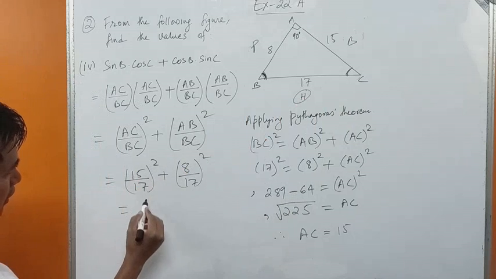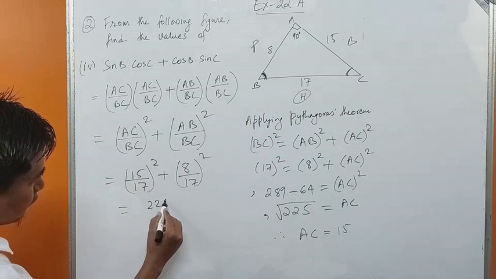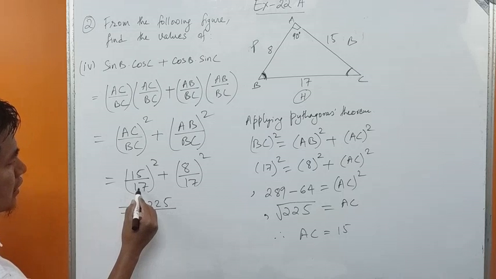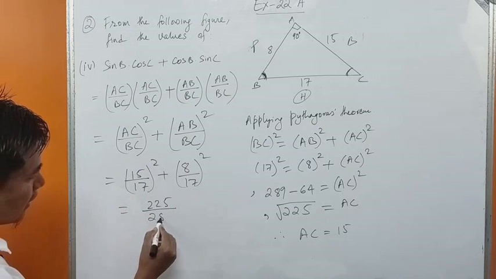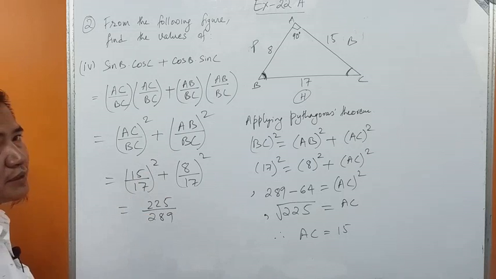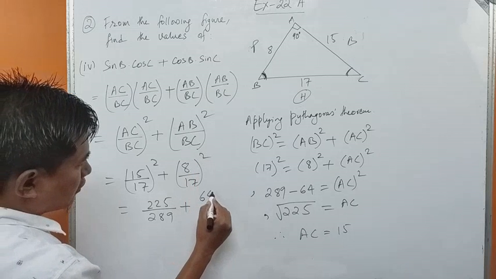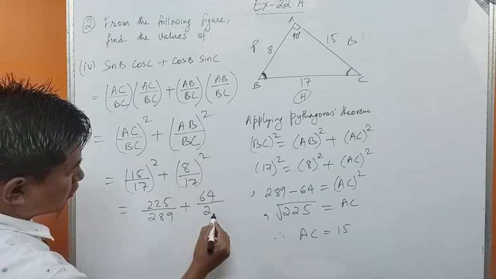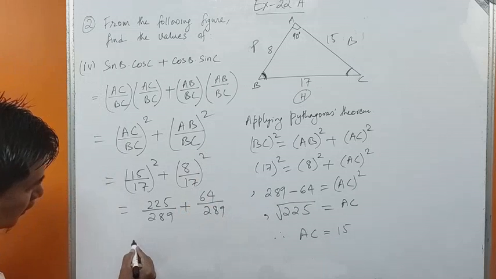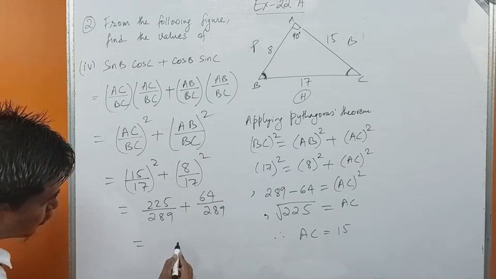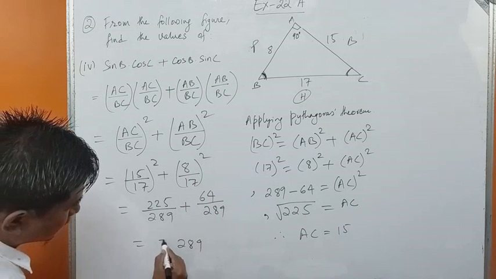Now 15 squared is 225, 15 15s are 225. 17 squared is 289, 17 17s are 289. Plus 8 squared is 64, 17 squared is 289. Now let us take the LCM. LCM is 289, isn't it?